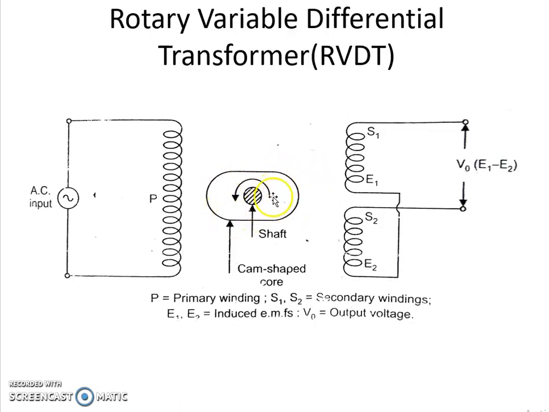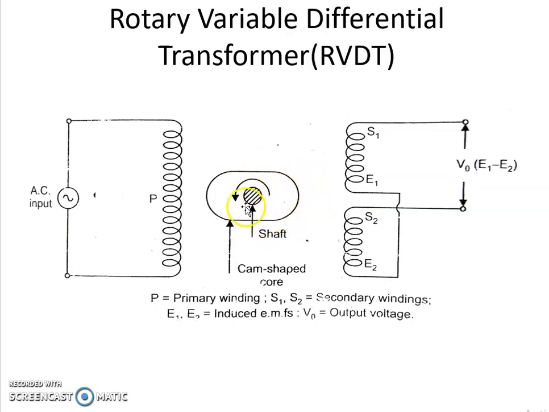The basic difference between LVDT and RVDT is the core. Here the core is cam shaped, and it is rotated inside the winding through a shaft. The core is connected to the shaft whose angular displacement is to be measured. Now, as you can see in the diagram, this position of the cam shaped core is called its null position.